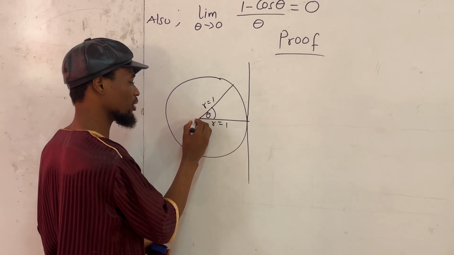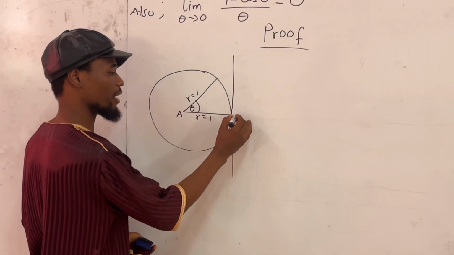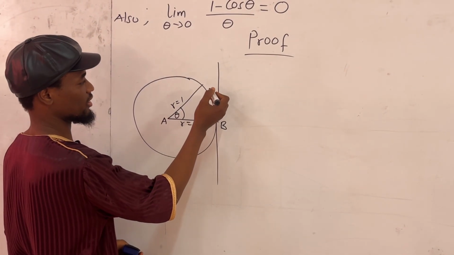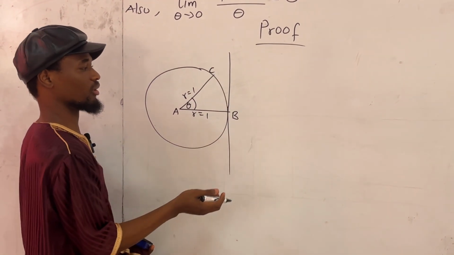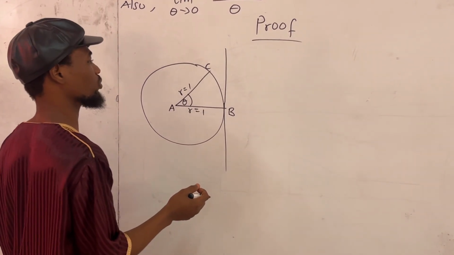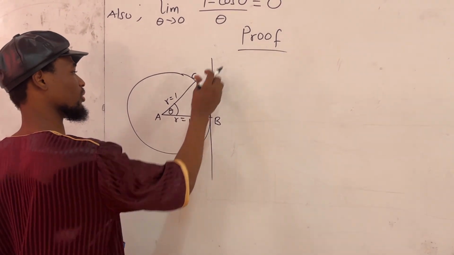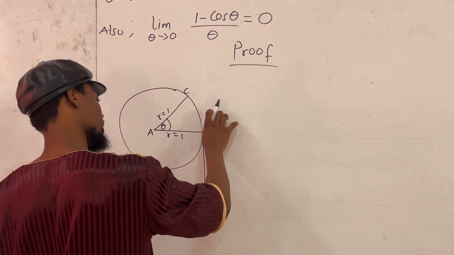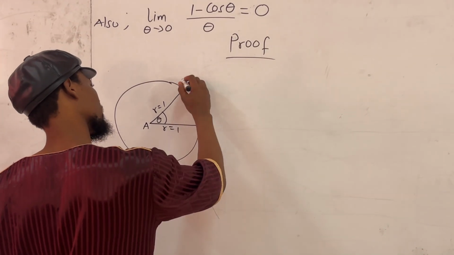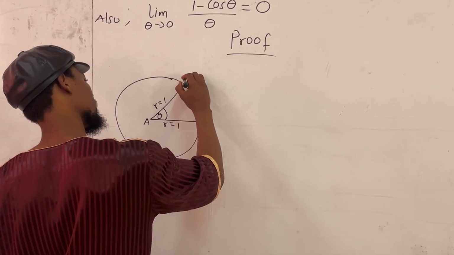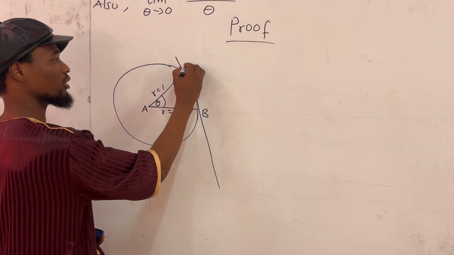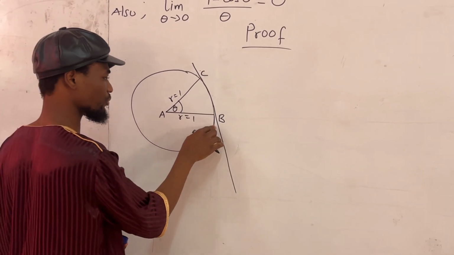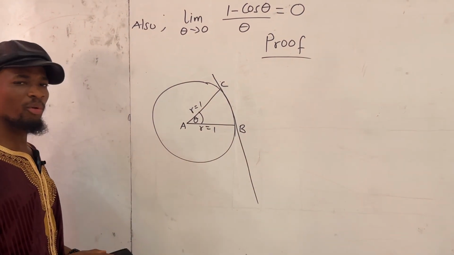So I have A here, I have, let's say, C, all right? So now, viewers, or let me do it clearly. Okay, so this is my point C.